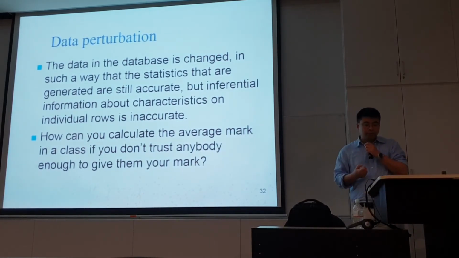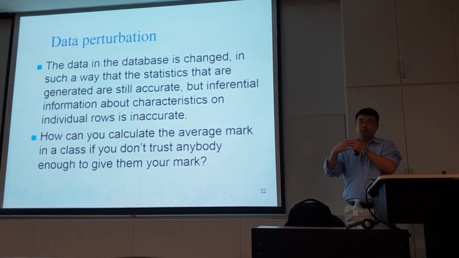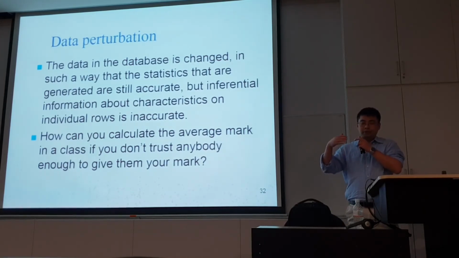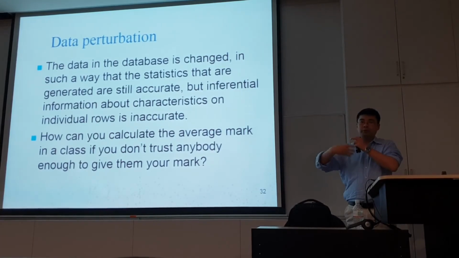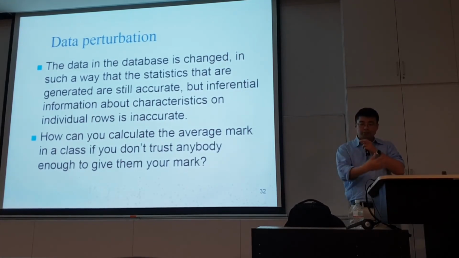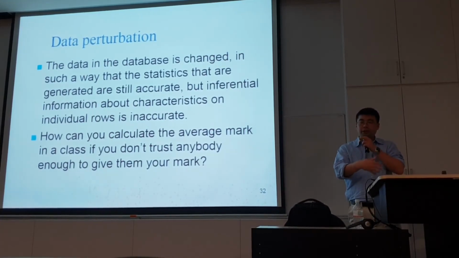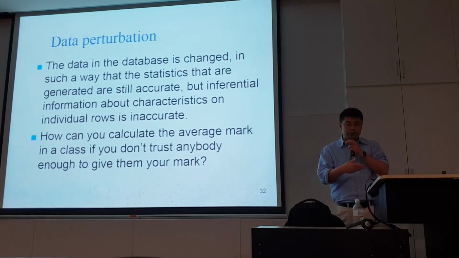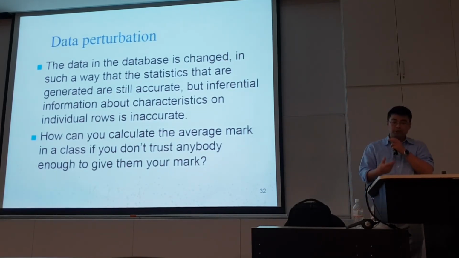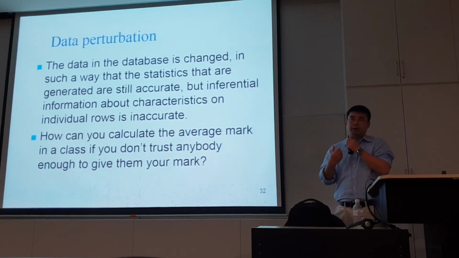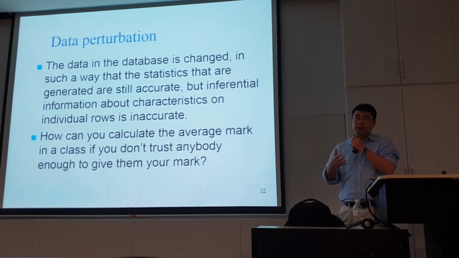So to give you a simple example, you can swap the data. For example, for different records, like the salary, you can swap the salary of different people in this duplicated database. Then you only allow statistical queries to be performed on this duplicated database. Then in this case, the statistical data is still correct. You query mean, max, average, sum, and all the data are correct.